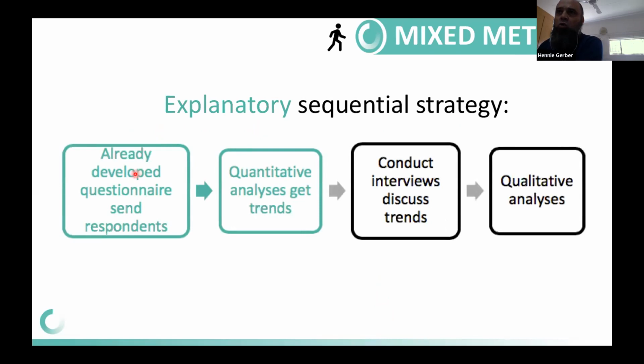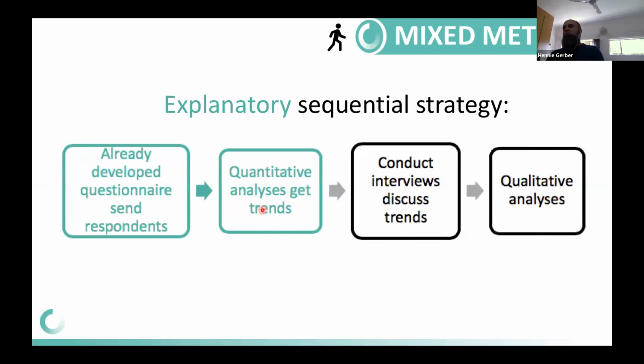So if you have a questionnaire that's already developed, that's already validated, you can start with the quantitative, you send it out to the respondents, you do your statistical analysis, and you finish it off, and then the next step, you do your interviews with the qualitative and you do your qualitative analysis.